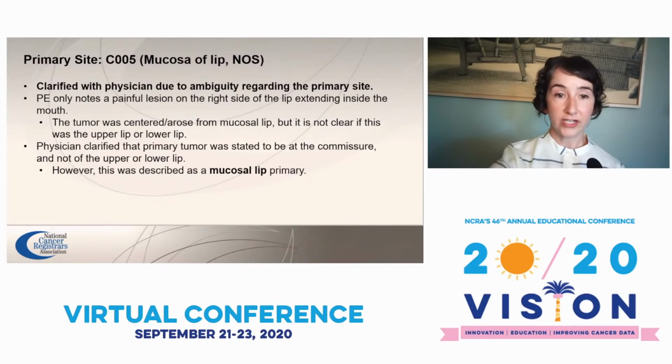There was a painful lesion that was centered in or arose from the mucosal lip, but it was not clearly stated to be in the upper lip or the lower lip. The physician clarified that this was at the commissure and not the upper or lower lip. However, this was confirmed to be a mucosal lip primary and not a skin of the lip primary. The ambiguity regarding the primary site for this case is discussed in that PDF document in more detail.